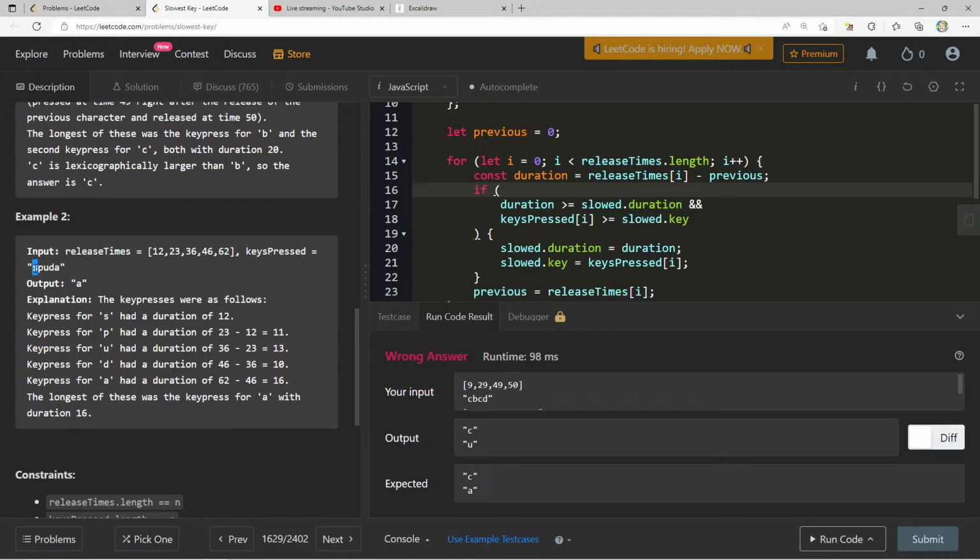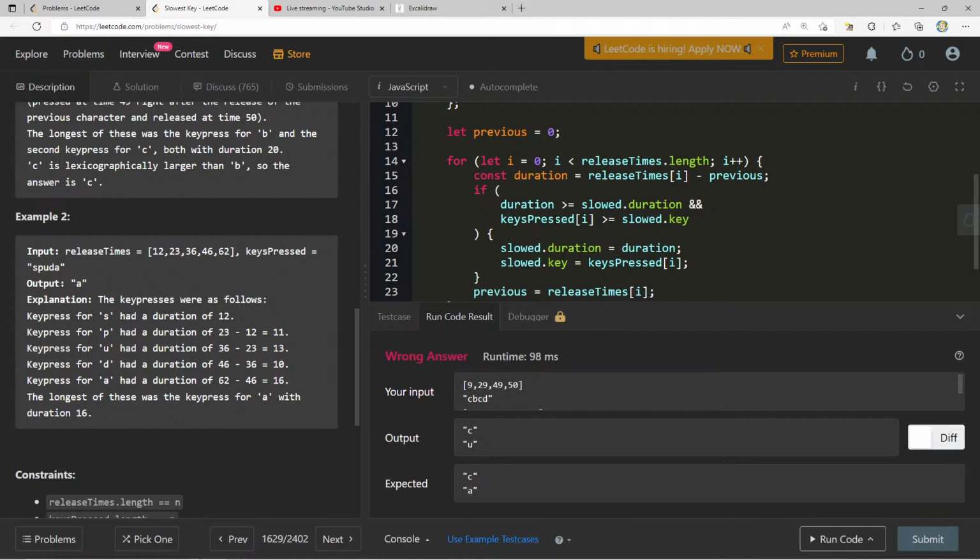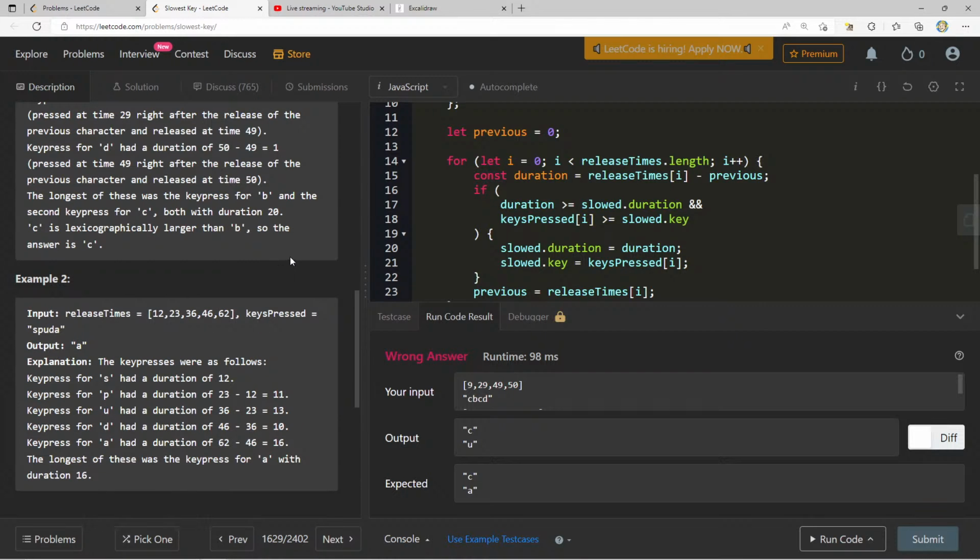Because here we have S, and we set this equal to what? Keys pressed of 0. If keys pressed of i is greater than or equal to slowest dot key, slowest dot duration is, then we get to U, but then we get to A. So it has a greater duration. So only if there's a conflicting one.